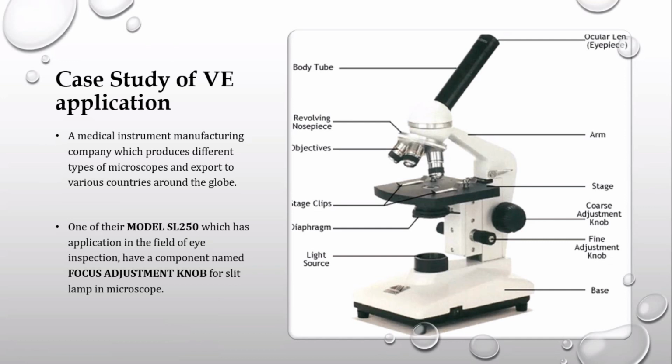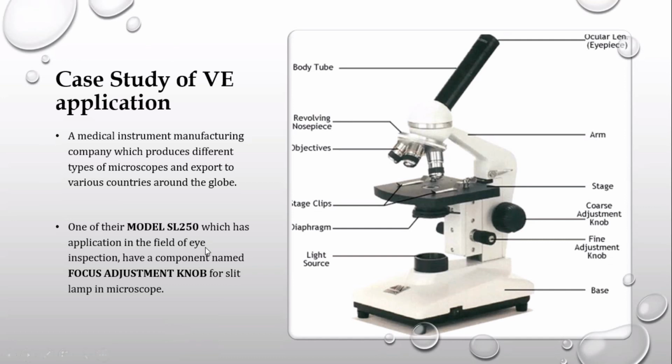So a company produces different types of microscopes and exports to various countries around the globe. One of their models has an application in the field of eye inspection and has a component named the focus adjustment knob. You see there is one. So two types, coarse adjustment and fine adjustment, the small one and the bigger one, right? Fine adjustment knob, right?